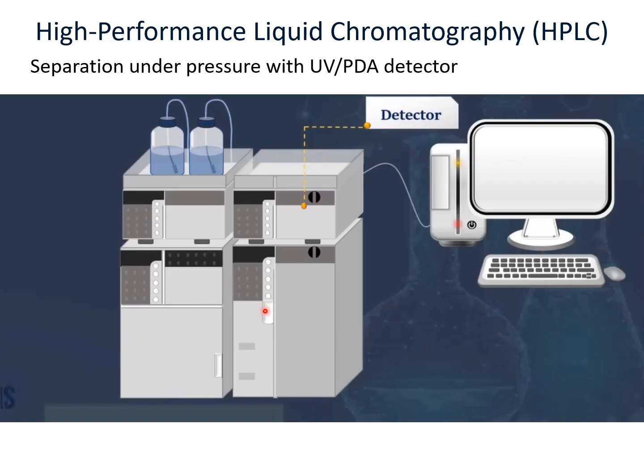So when it's sent into the column, the separation takes place, and then the detector will now detect the components as they are being separated and eluted out from the column. And then the signal is sent to the computer software so that it can be visualized.